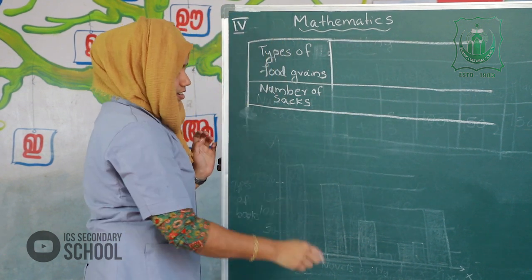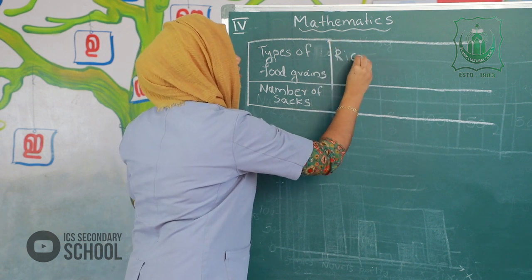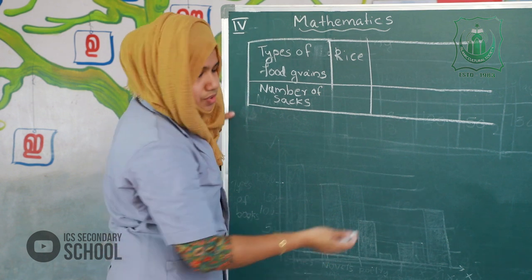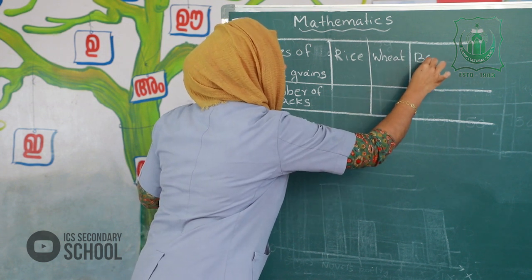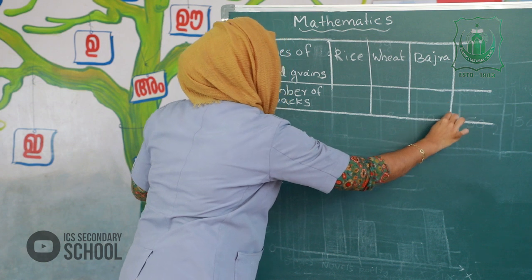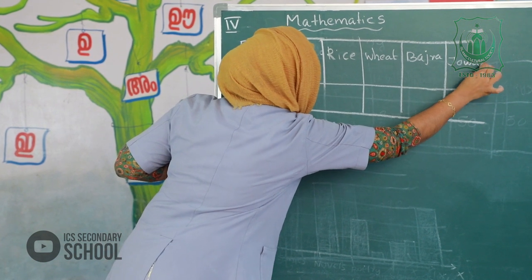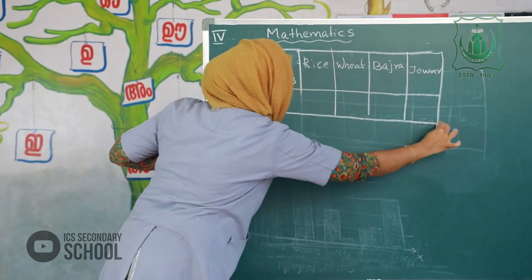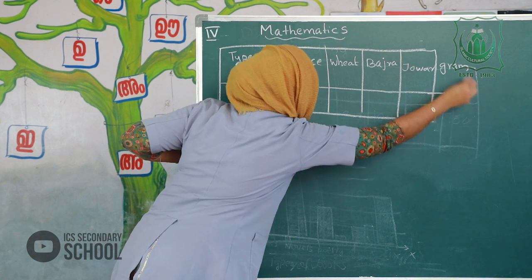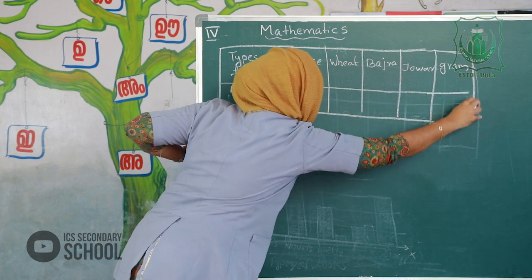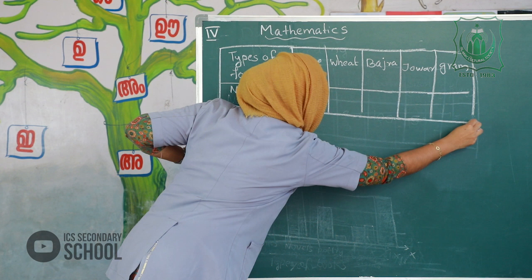Okay, and the first one is rice. Rice is there, wheat, bajra, jowar and last gram.